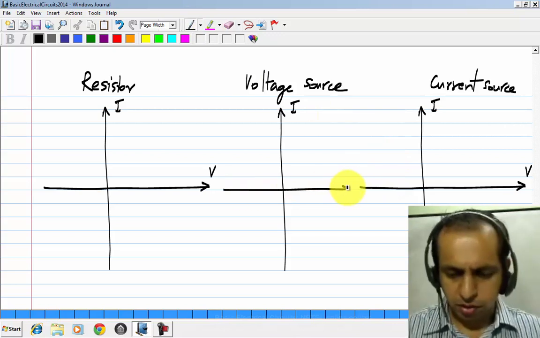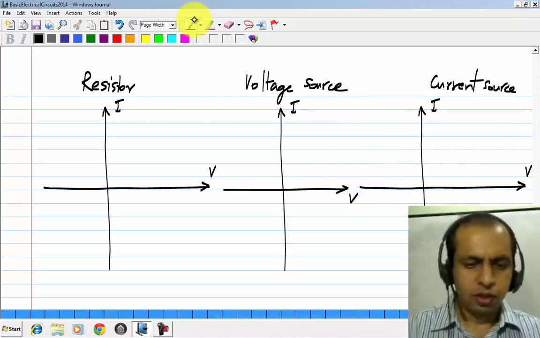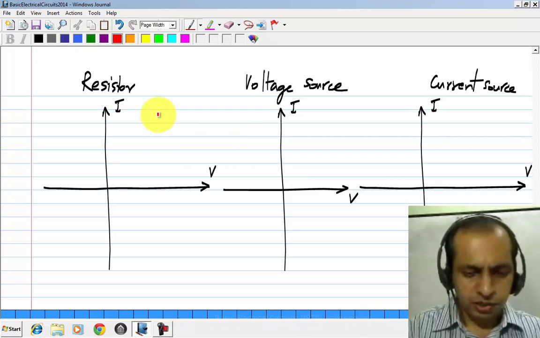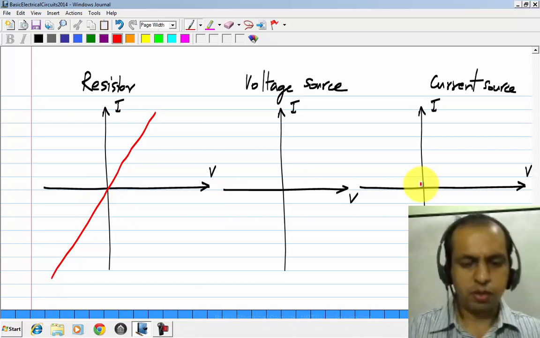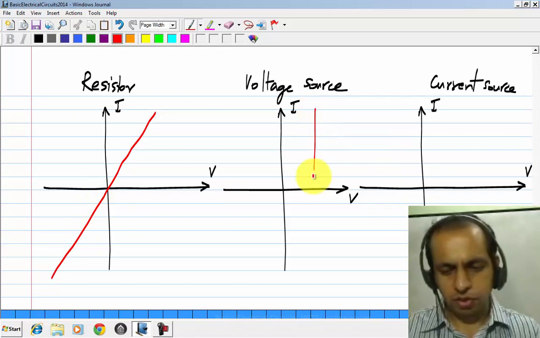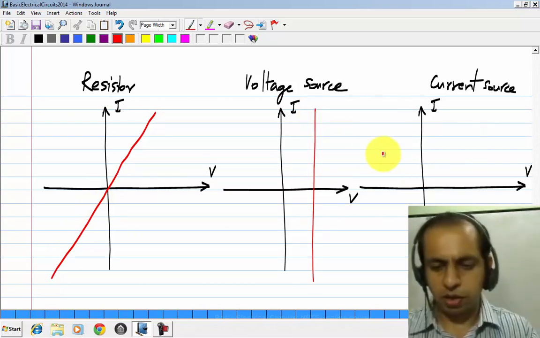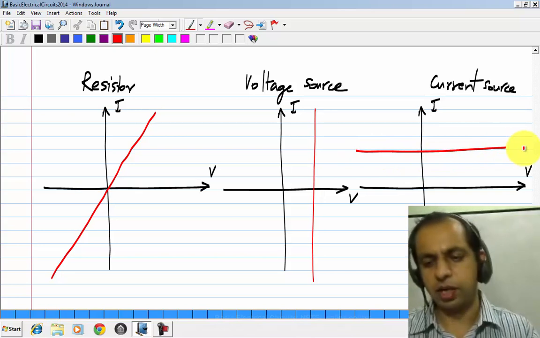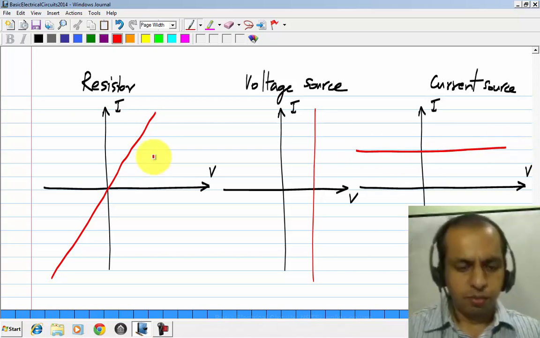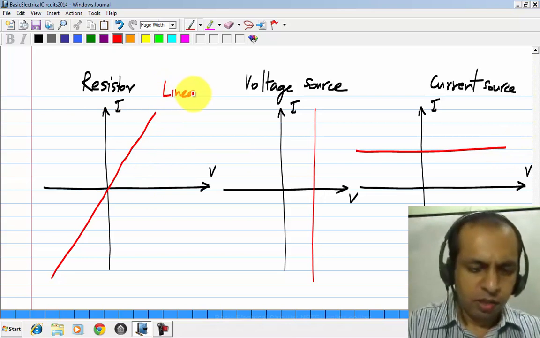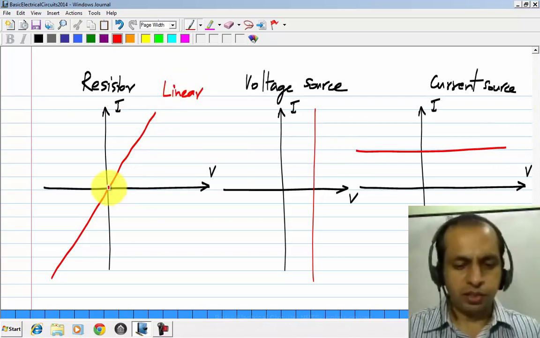So let me draw it here. A resistor has a characteristic which is like this. A voltage source has this characteristic parallel to the y-axis, and a current source has characteristic parallel to the x-axis. Now all these three are straight lines, but only this one is linear. That you can guess from the characteristic also.